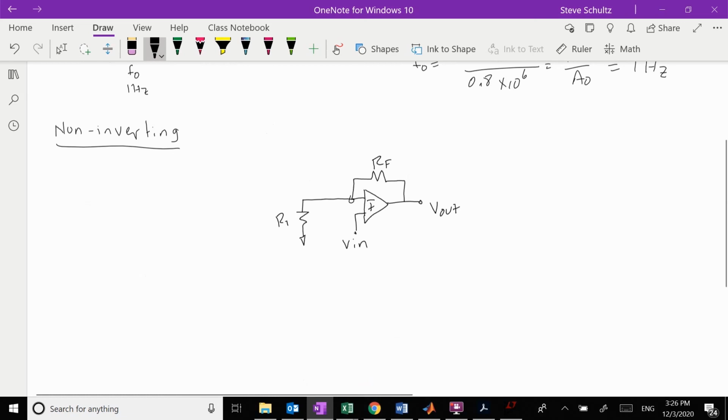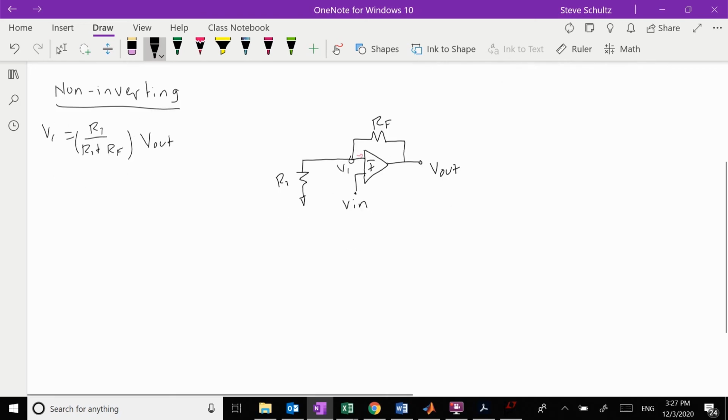So in order to do this, we're going to label that V1. We are going to use the approximation that there's no current going into the terminals. So there's 0 current right here, which means that the RF and the R1 are basically in series, and we could just do a voltage divider. So we have that V1 is equal to R1 over R1 plus RF times V out.